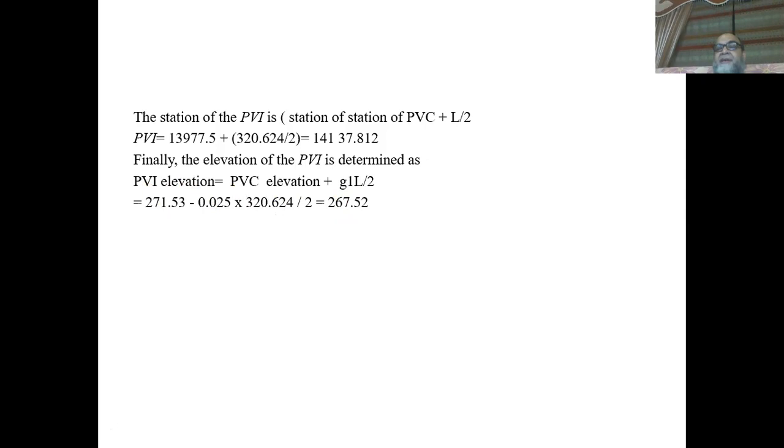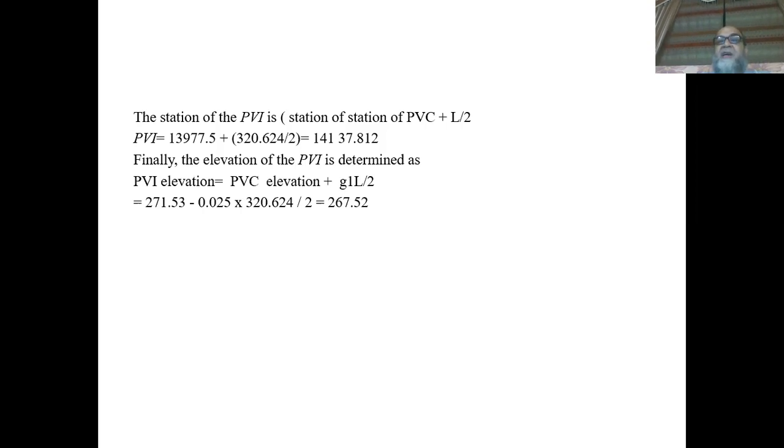But it is reversed in the case of elevation of PVC, because if we know the value of PVI, then we are going to add this value of the grades so that the elevation of PVC is above the elevation of PVI.